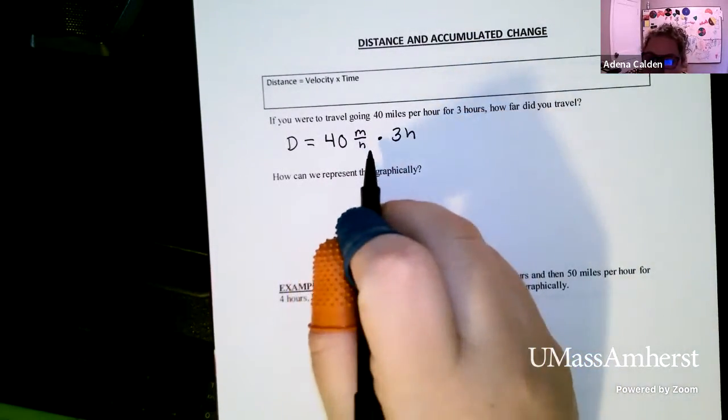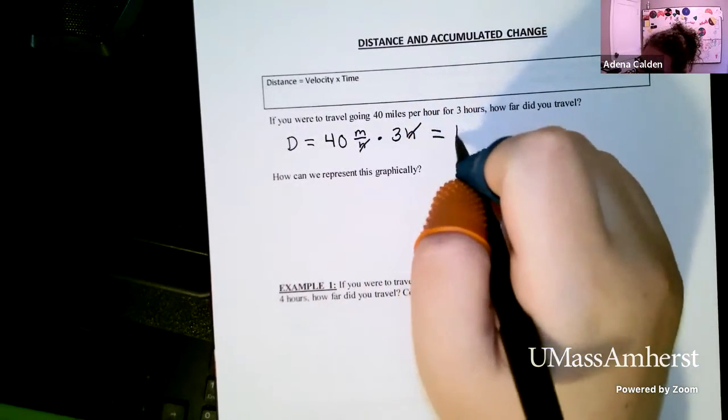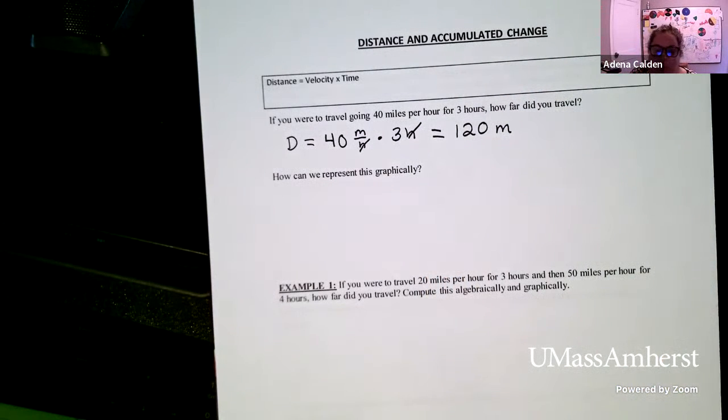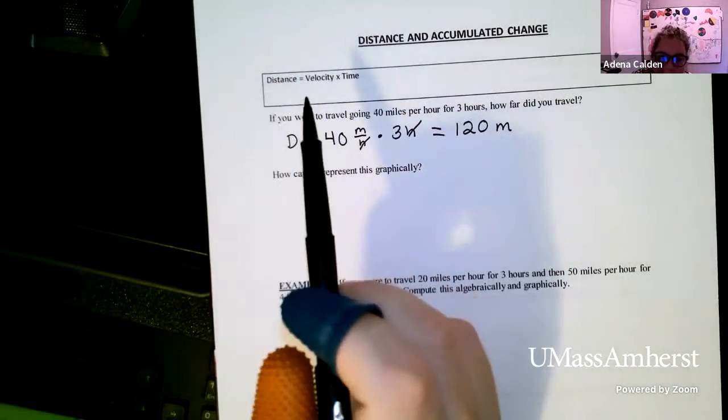We go 40 miles an hour for 3 hours. We see that the hours units cancel. And we get 120 miles. So that's the distance that we traveled during that time period, okay? So that's how we typically use this formula.